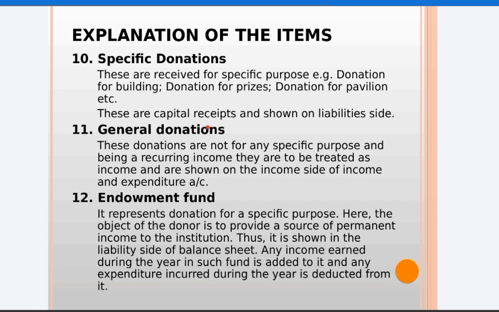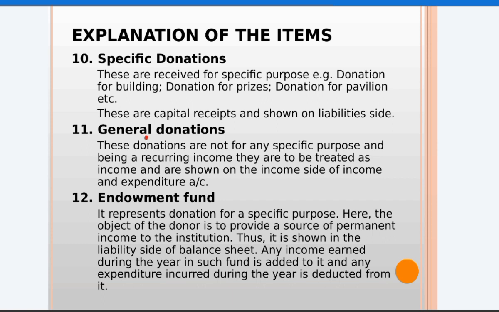Then we said general donations are what we call incomes, but we have specific donations. The specific donations are received for specific purposes. For instance, donation for a building, donation for prizes, donation for a pavilion, etc. These are capital receipts, and therefore they cannot be shown as an item of the income and expenditure, and therefore they are shown as liabilities in the balance sheet.